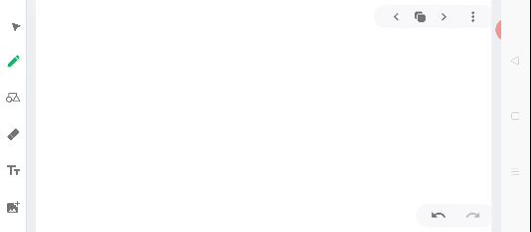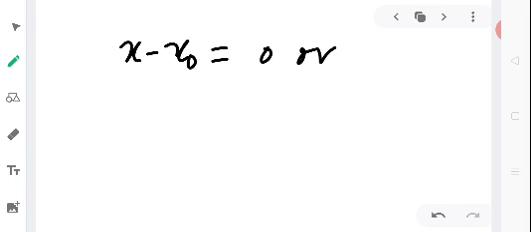We will get x minus x0 equal to 0, or we can write down x is equal to x0. That is, the two objects will remain always constant distance apart, which is equal to the relative distance between them initially.